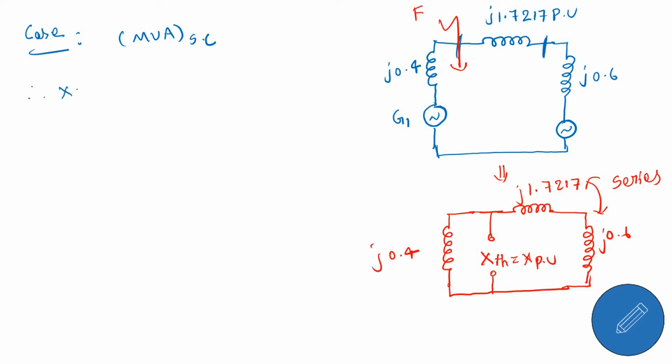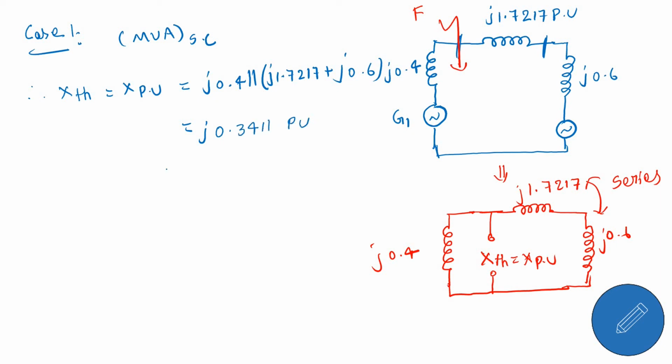Therefore, X Thevenin with respect to station 1, X per unit, is equal to J0.4 parallel to J1.7217 plus J0.6. If you solve, you will get J0.3411 per unit.